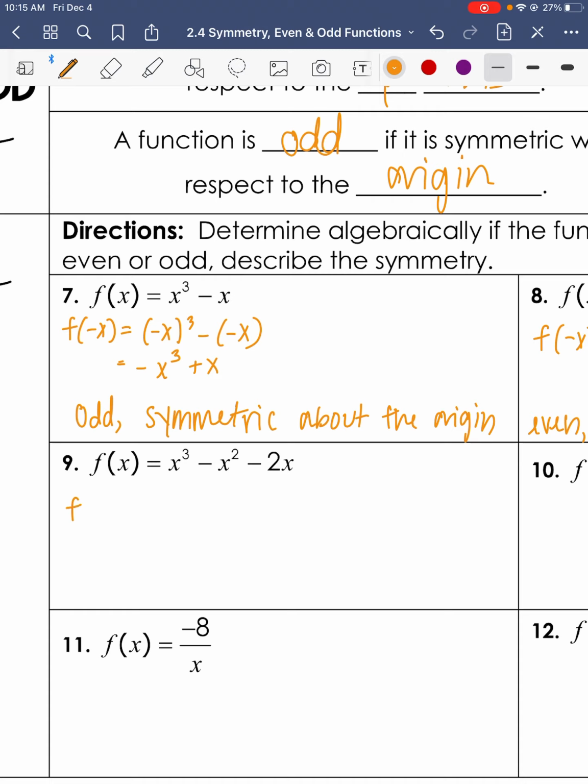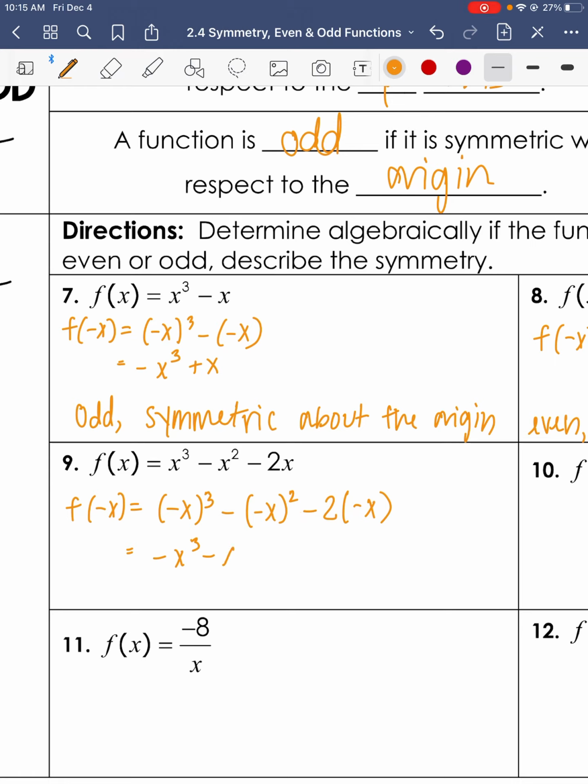All right, so f of negative x is equal to negative x in parentheses cubed minus negative x squared minus 2 times negative x. We'll simplify this here. This is negative x cubed minus, so remember we're going to do the exponent before we subtract.